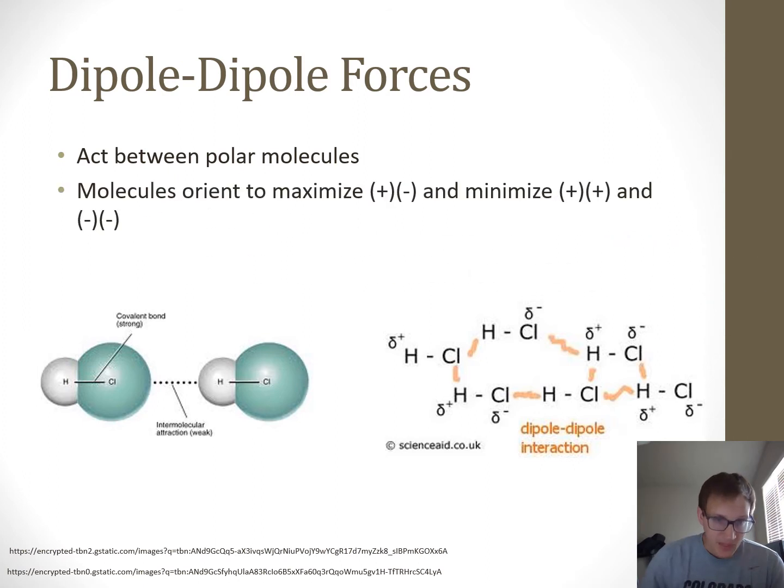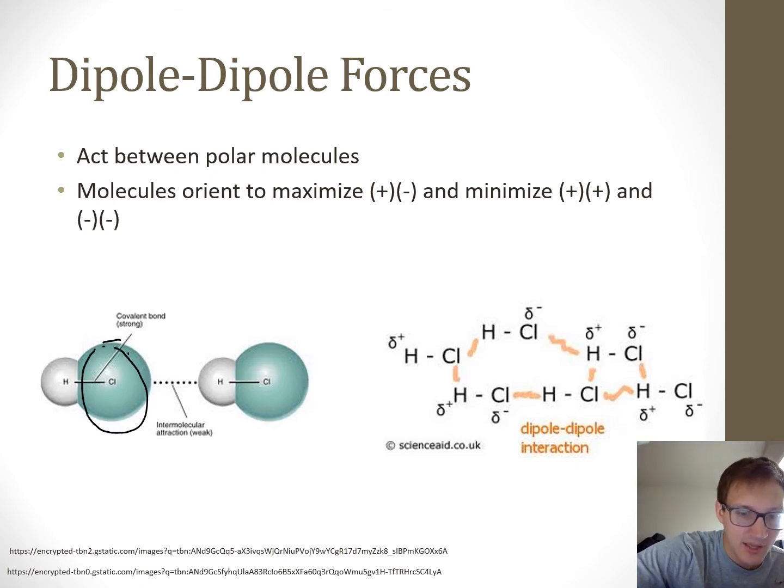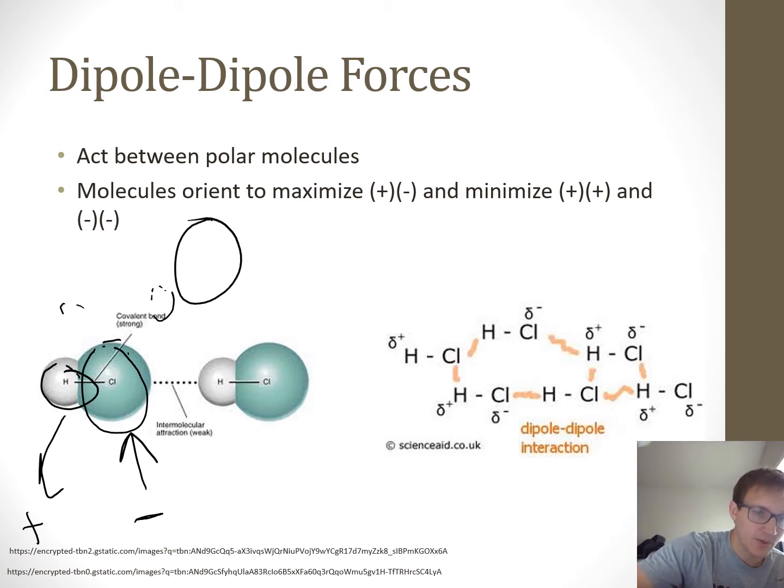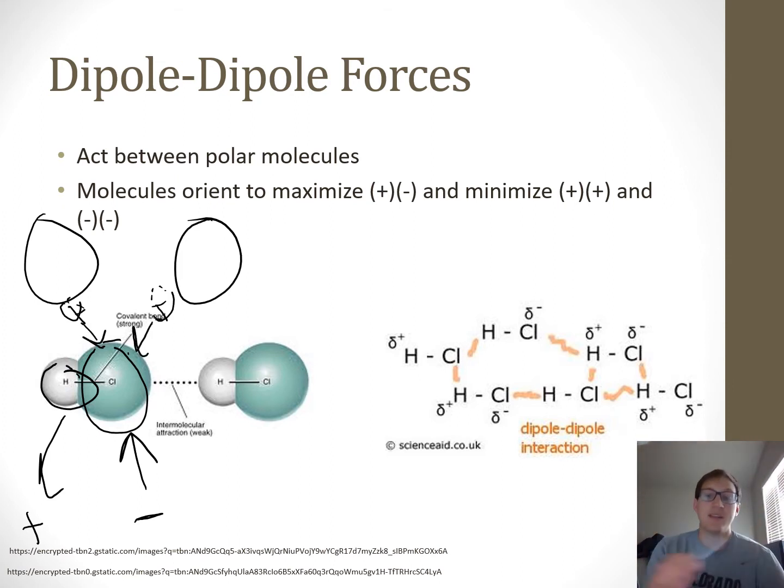Molecules orient to maximize the plus-minus and minimize plus-plus and minus-minus attractions. I don't know if you can see my cursor or not, so I'm going to circle this. Chlorine here has a slightly negative charge. Hydrogen has a slight positive charge. When I get a bunch of these molecules all around, the positive hydrogens are going to be attracted to the other chlorines in this mixture.